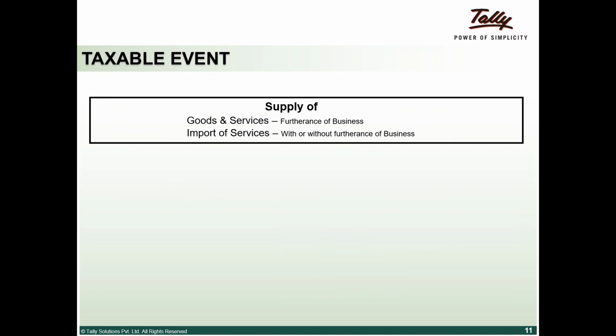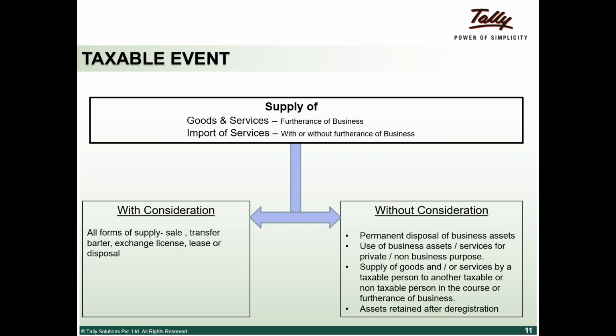One more definition which I wanted to discuss is the taxable event. That is the event which is liable for tax. So that is an important aspect. This is one of the most important aspects that we need to deal with under GST. What is a taxable event? Like I said earlier, supply is what triggers off tax.